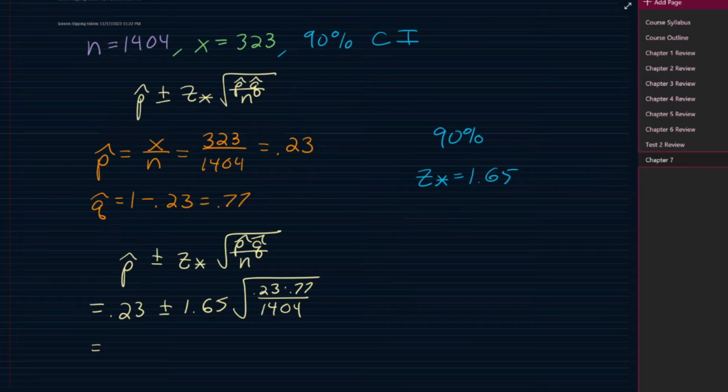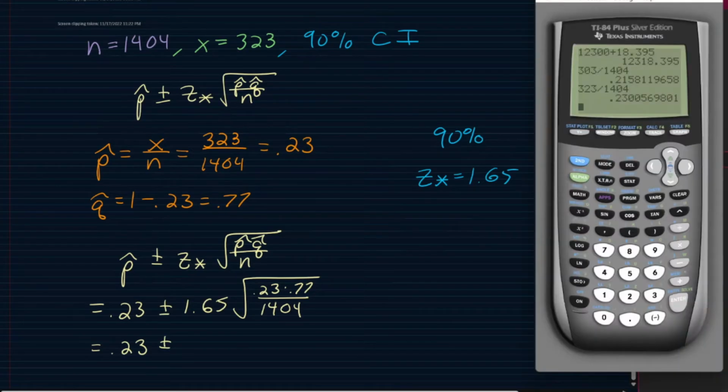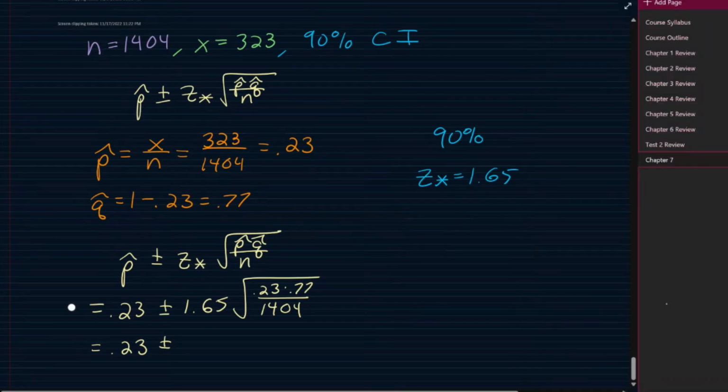So I'll just calculate our margin of error here, as I usually do. 1.65 times the square root of 0.23 times 0.77, all divided by 1404, which is approximately 0.019.